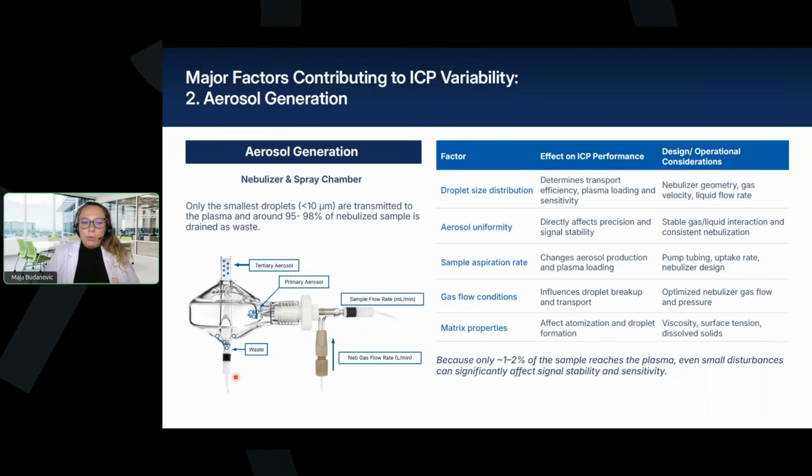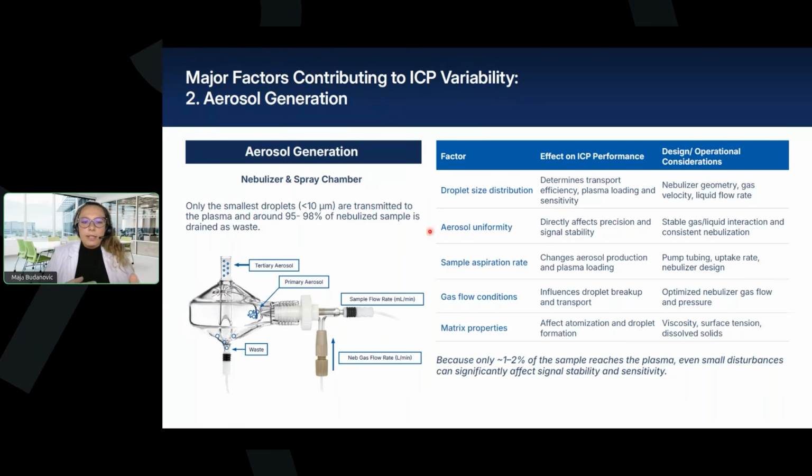And now if we want to consider the factors that can influence ICP variability, the first one is the droplet size distribution. The smaller droplets are transported more efficiently and they require less energy in the plasma. While if you have larger droplets, they can increase the solvent loading and reduce your plasma robustness and stability.